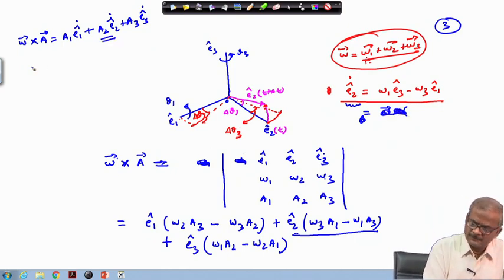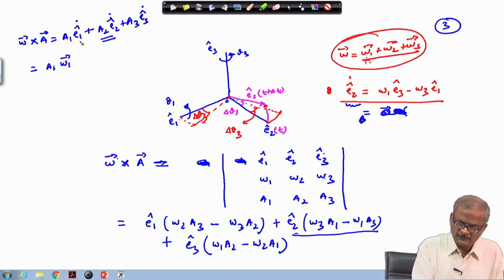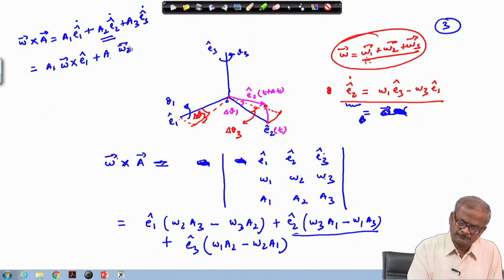So, this is A 1 times omega cross E 1 cap, plus A 2 times omega cross E 2 cap, plus A 3 times omega cross E 3 cap.